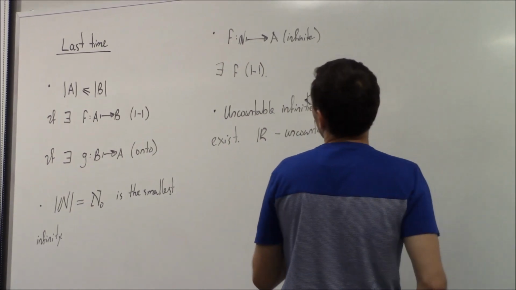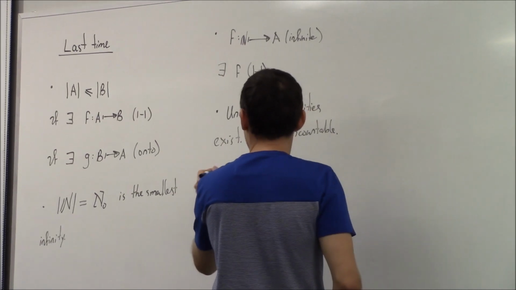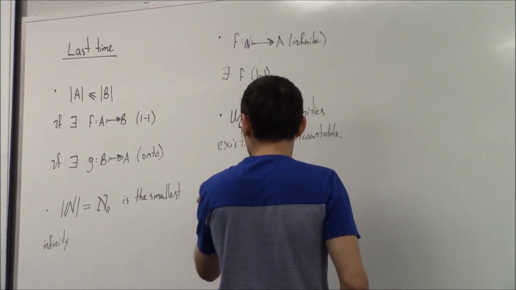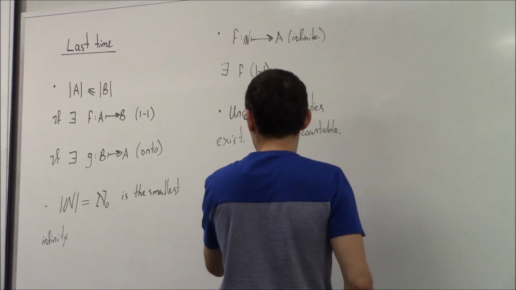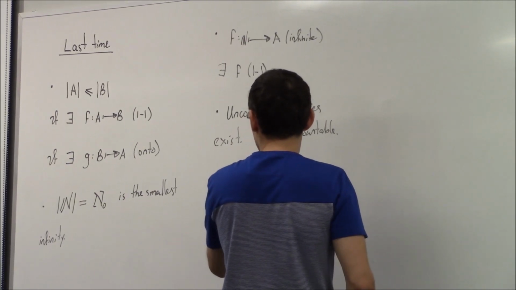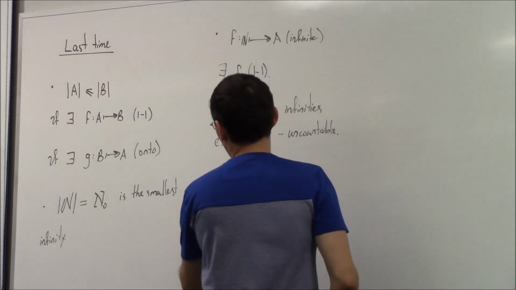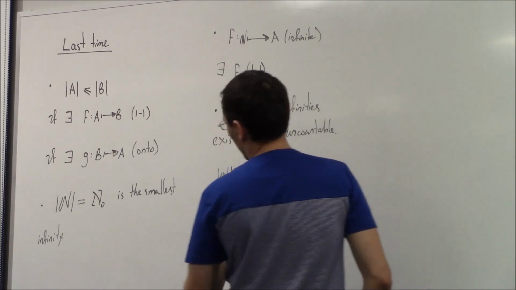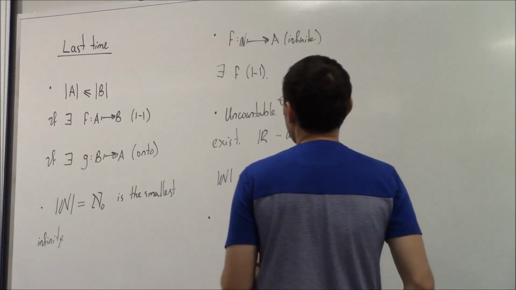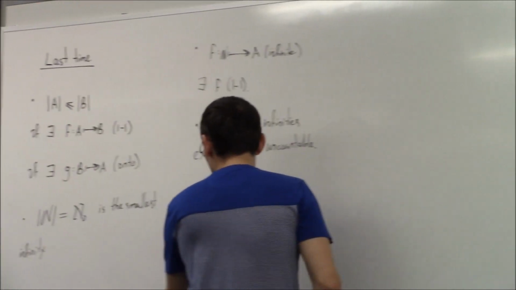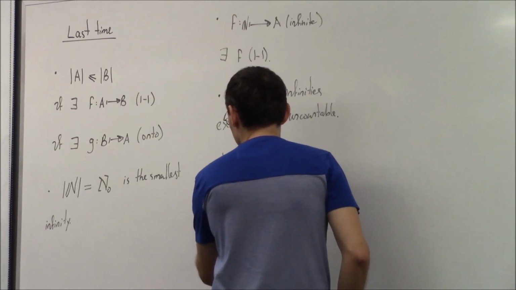And that means that the inequality is strict: the size of the natural numbers is strictly smaller than the size of R. And then we observed, I'm going to review this last part, that there is no biggest infinity.